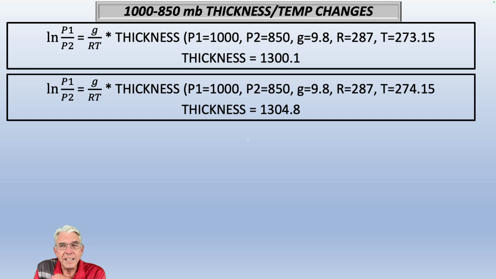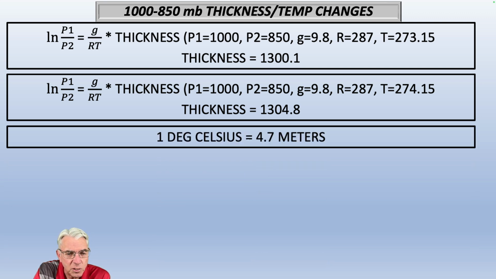Now, let's increase the temperature 1 degree Kelvin. Everything else is the same. And the magnitude of a Kelvin degree is the same as a Celsius degree, okay? So let's increase it to 274.15. Now we get a thickness of 1,304.8, okay?